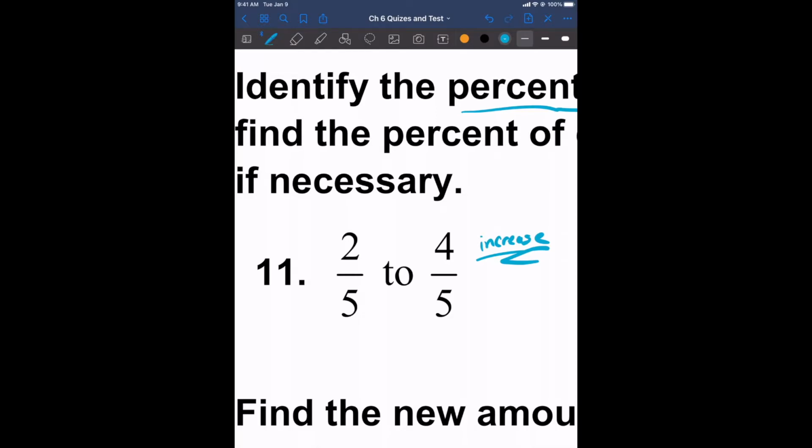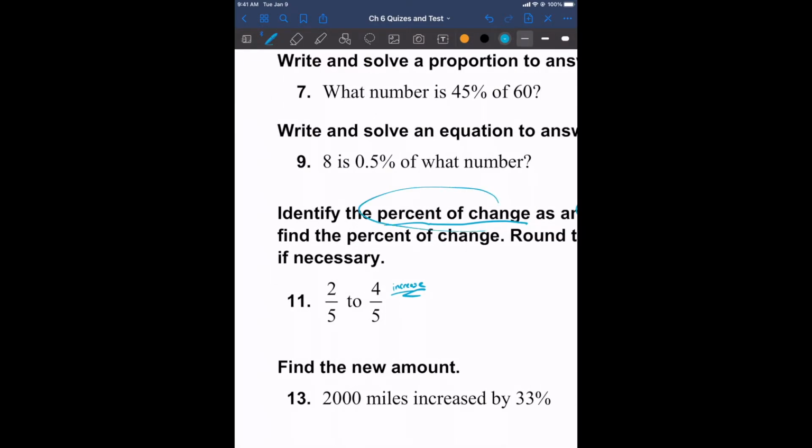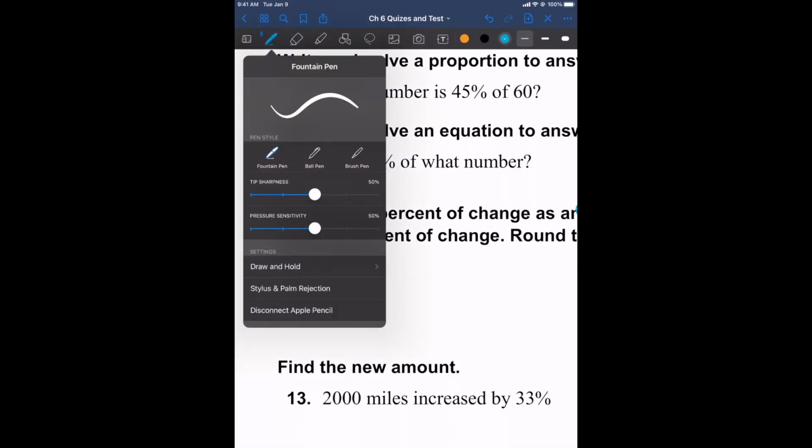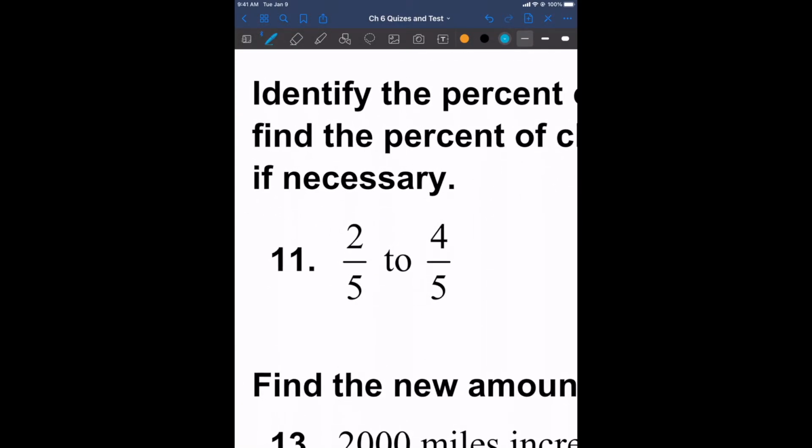Now don't forget, how do you find the percent of change? You guys, you just take big number minus the small number divided by the first number they gave you. Okay? Big number, 4/5, minus the small number, 2/5. What does that equal? 2/5.